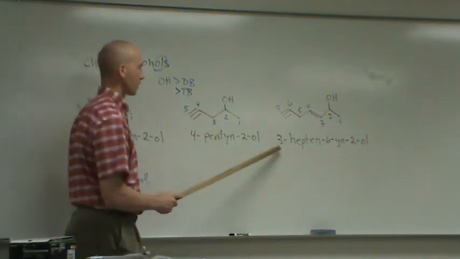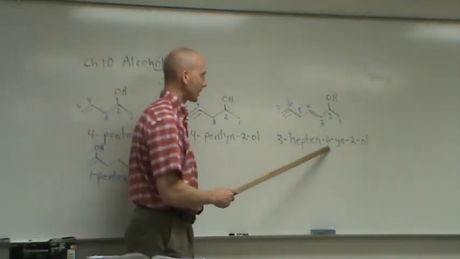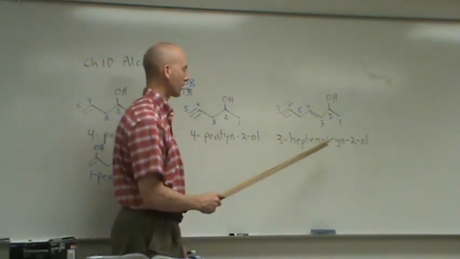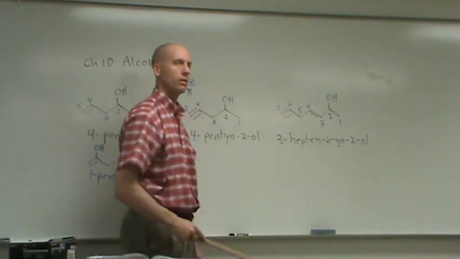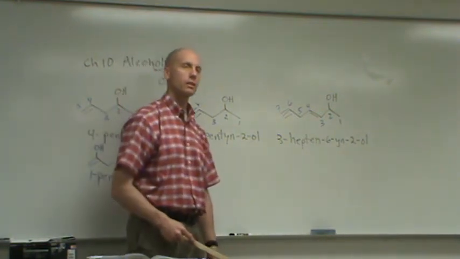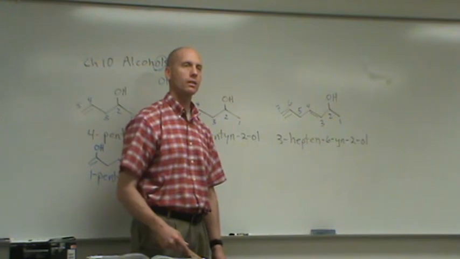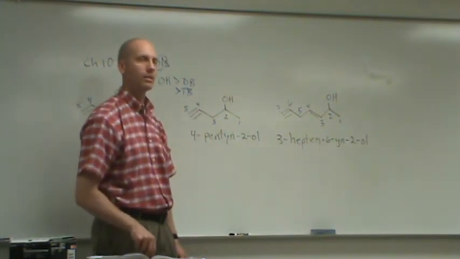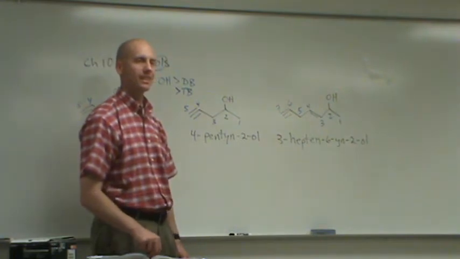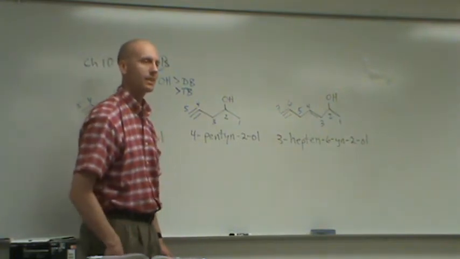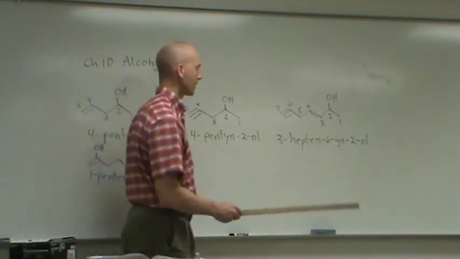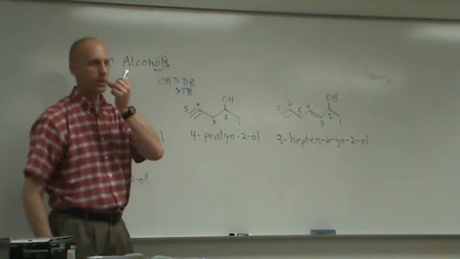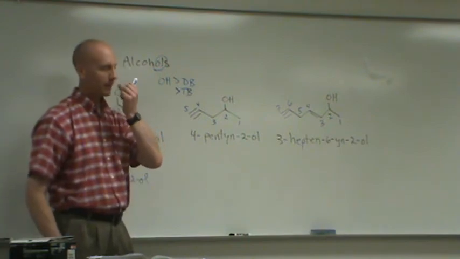So we get 3-hepten-6-yn-2-ol. Like enol, say enol. No, not enol. A little tongue twister there. Maybe you don't want to say it, just write it down and keep you out of trouble.